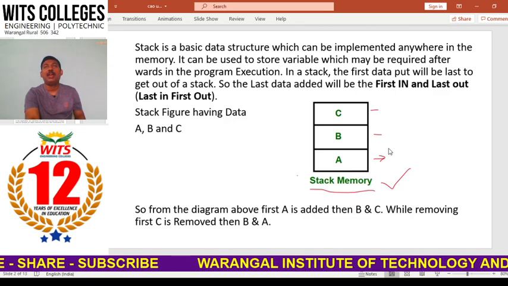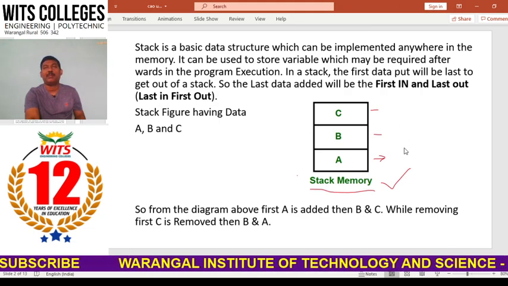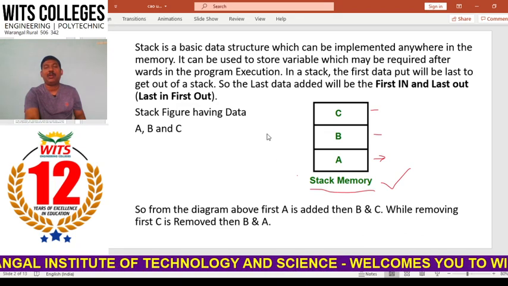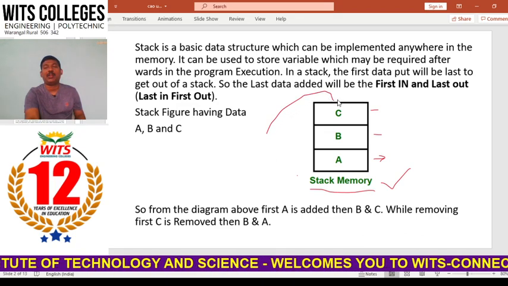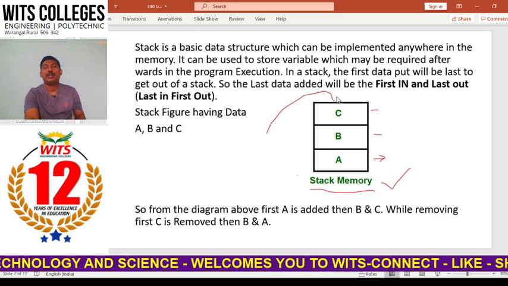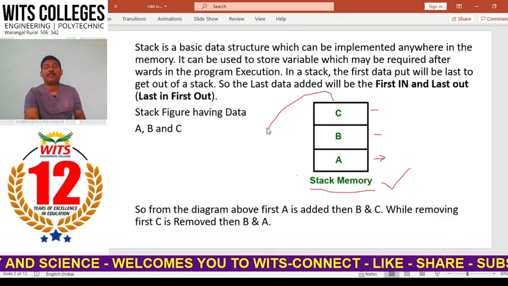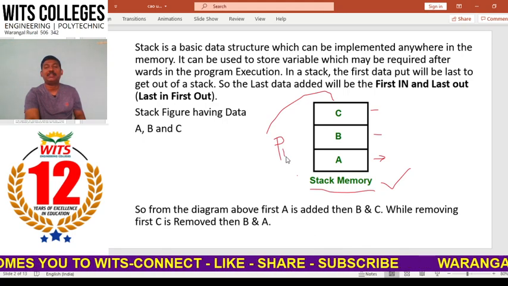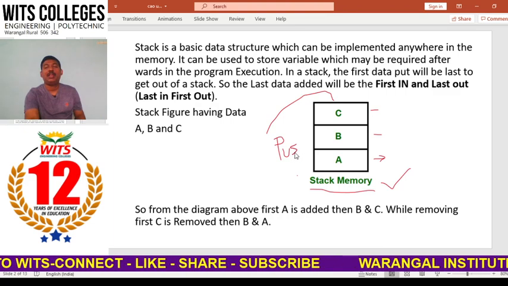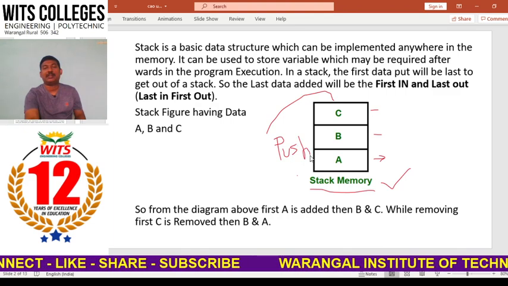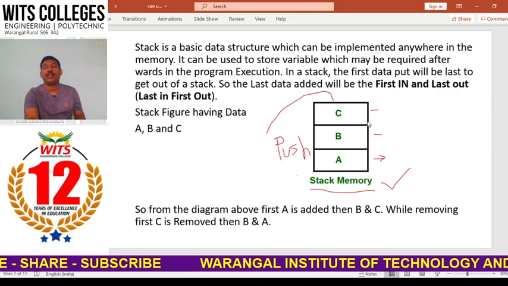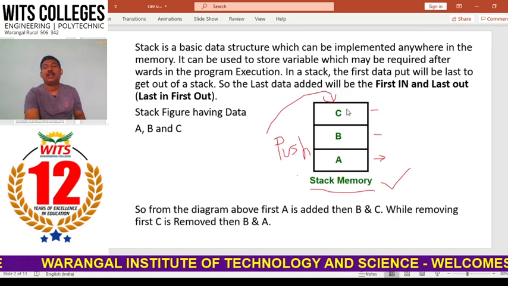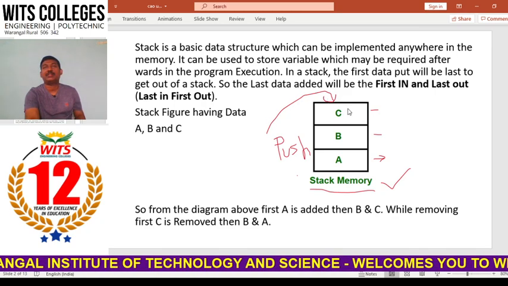These 3 are the memory allocations where you are going to keep data one after another. The procedure of putting data into the stack is called push. The data which we insert into a stack is called push. Whatever we insert into the stack is called push.